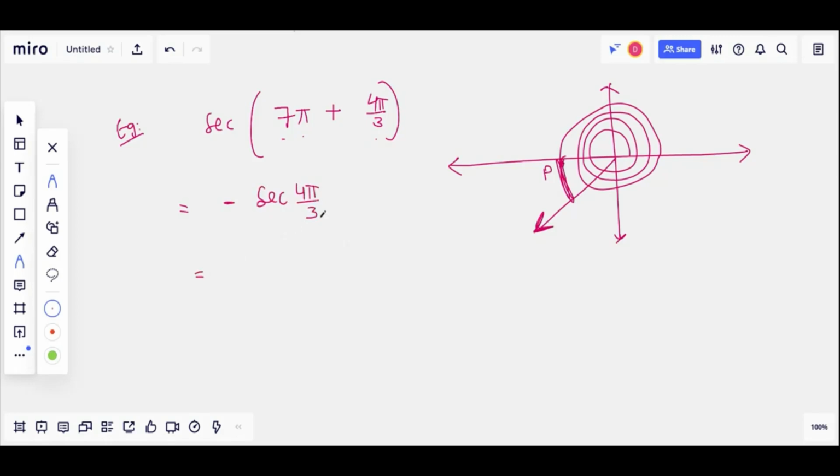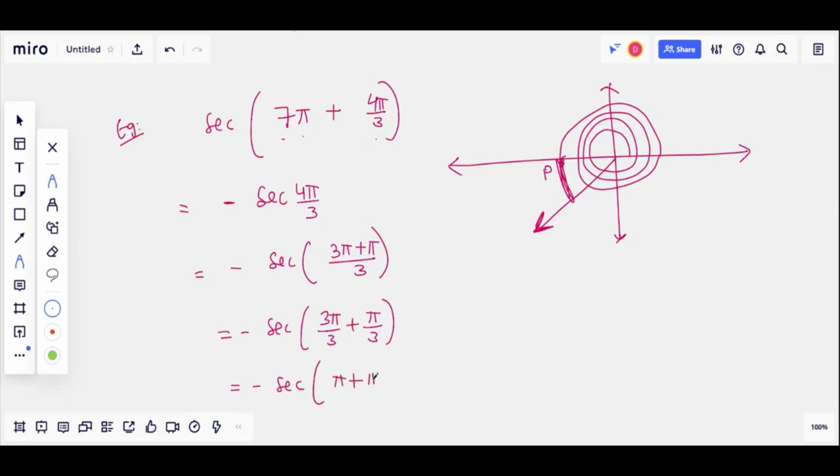Now, we don't know the value of sec of 4 pi over 3 as well, because we just remember the standard angles which are from 0 to 90 or 0 to pi over 2. So what we do is we again break this into 3 pi over 3 plus pi over 3. This is nothing but negative of sec of pi plus pi over 3.